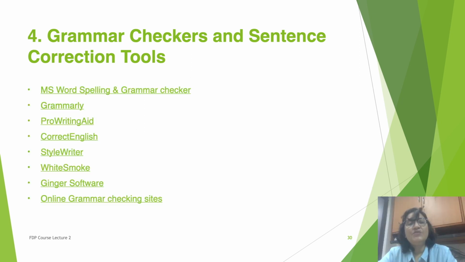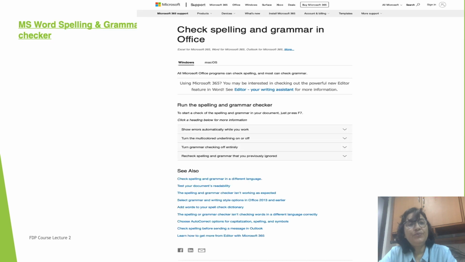Okay, so there are a lot of grammar checkers and sentence correction tools. MS Word spelling and grammar checker is there, Grammarly, Pro Writing Aid, Correct English, StyleWriter, White Smoke, Ginger software, and online grammar checking sites are there. Okay, so we'll go through it.